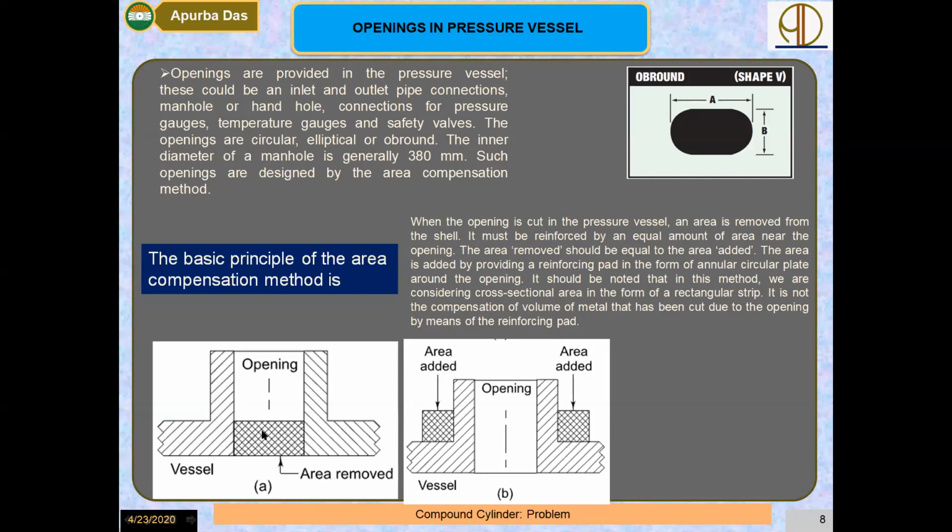This much area removed needs to be adjusted at this location, here or here. So these are the added area. These two will be the summation of the area removed from this position. This is the fundamental concept of the area compensation method. With this area compensation method, the openings of the pressure vessel need to be designed.